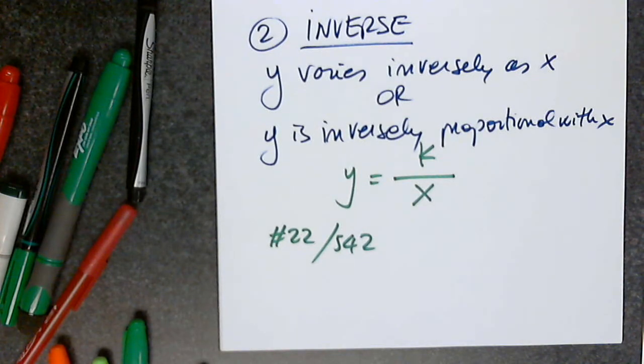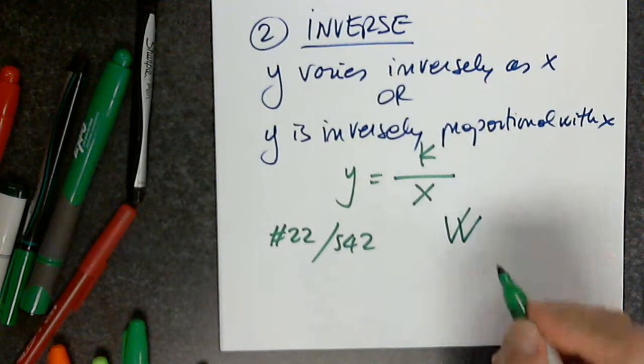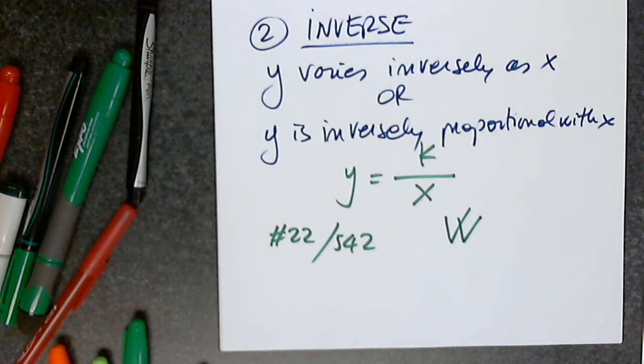Just this part. The weight, okay, I'm taking notes. That's what I want to denote it by. The weight of an object on or above the surface of Earth varies inversely as the square of the distance between the object and the Earth's center.